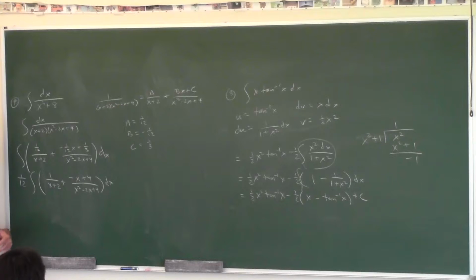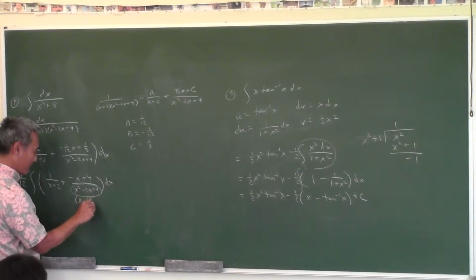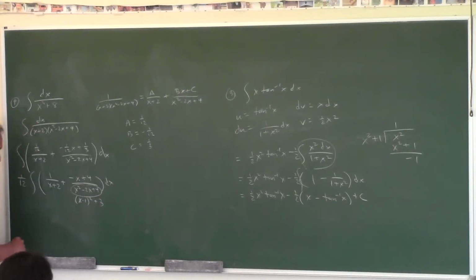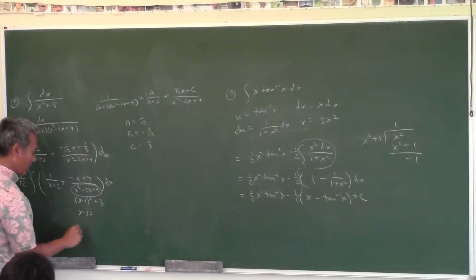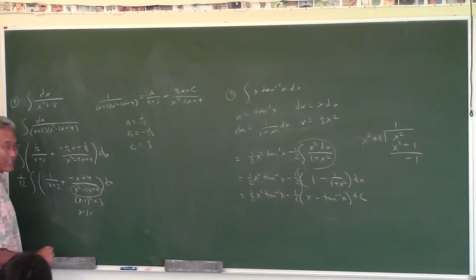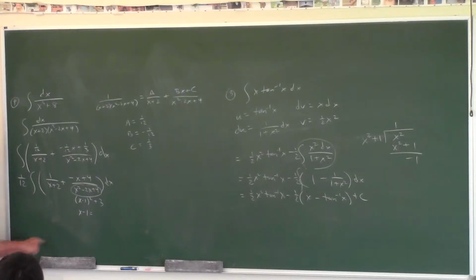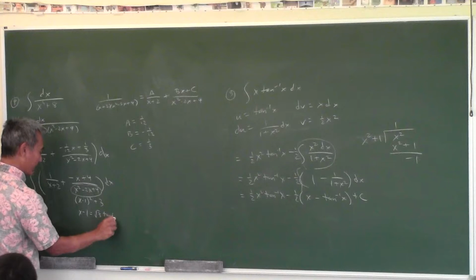You do a trig substitution. So what you have to do is complete the square here: x minus 1 quantity squared plus 3. And then that's a perfect candidate for trig substitution. So therefore, you just let x minus 1 equal, which one is this, the sine, the tangent, or the secant one? Tangent. So root 3 tangent theta.